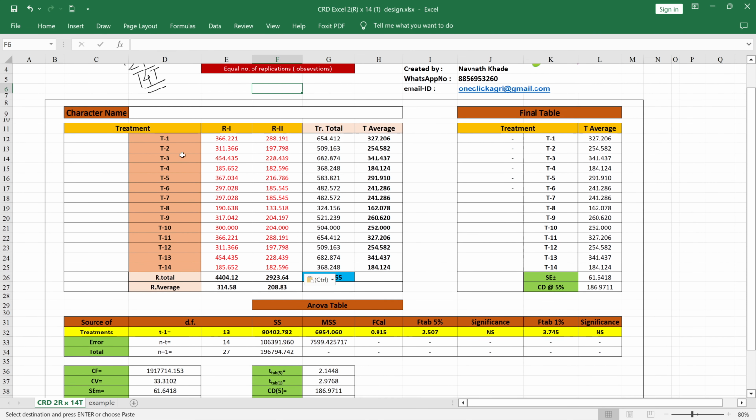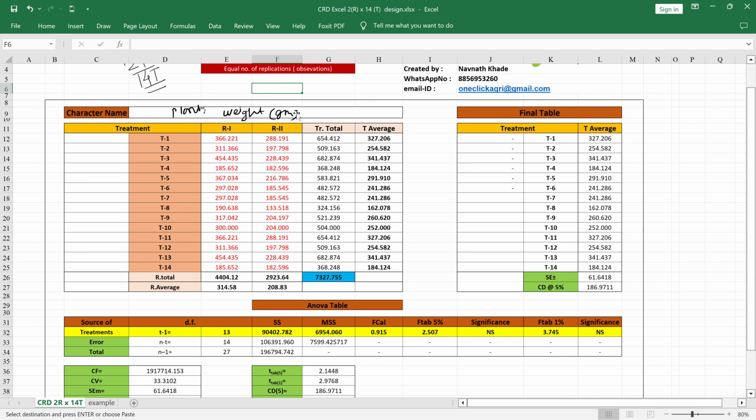So this is a 14 treatment design. You can write the name here, plant weight, gram.